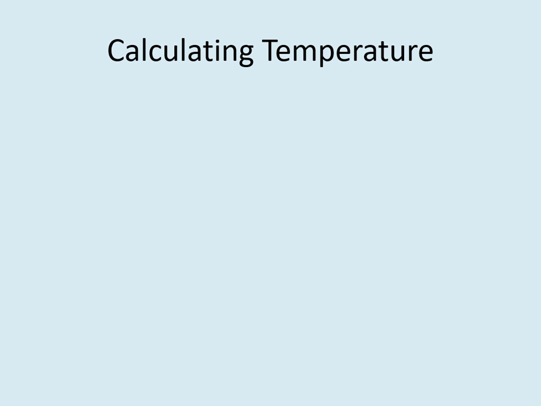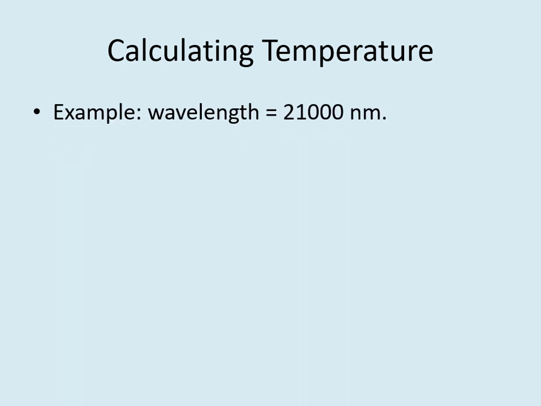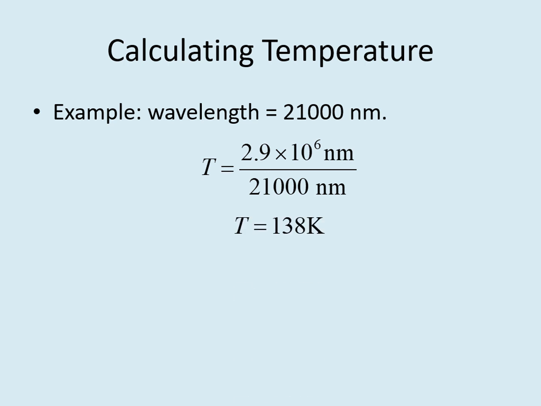Let's go ahead and do this calculation. Simply replace lambda with the wavelength from the Mystery Solar System table and divide it from the constant to get the answer in kelvins. We'll do this calculation for a planet emitting light at a wavelength of 21,000 nanometers. As we divide them, we see that the answer is 138 kelvins.